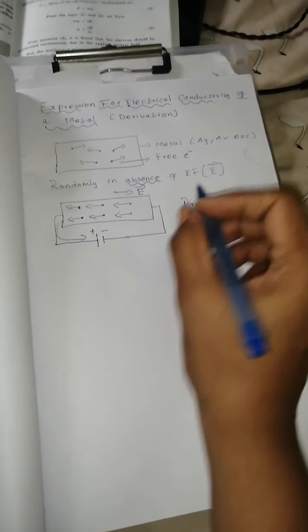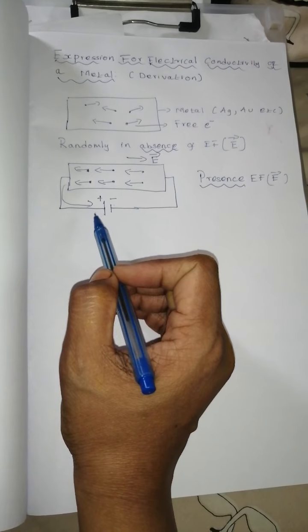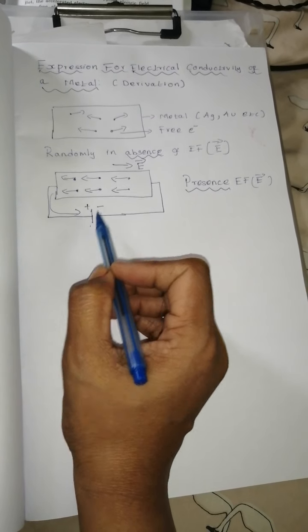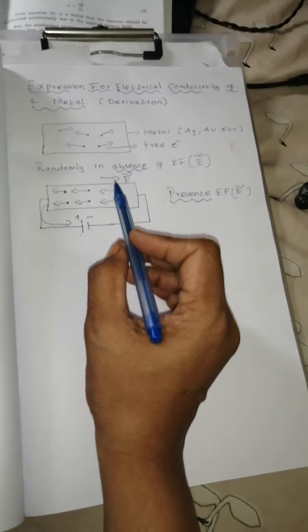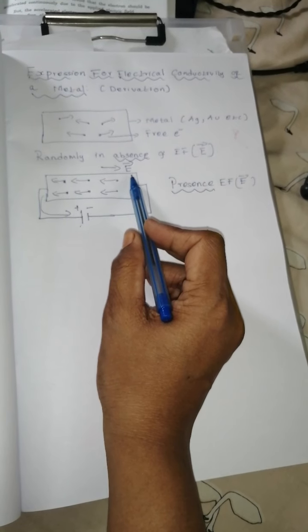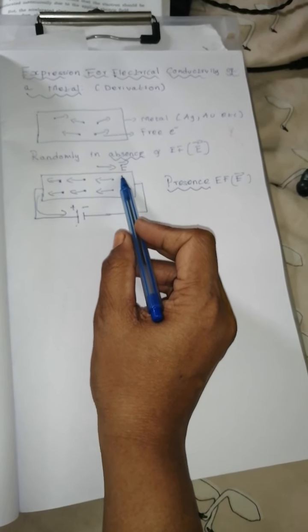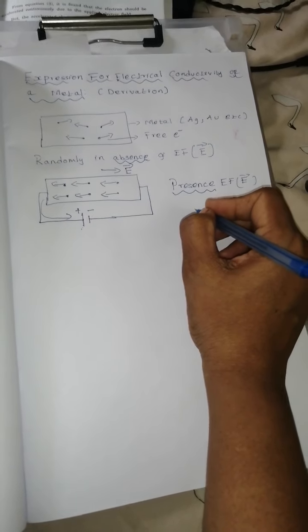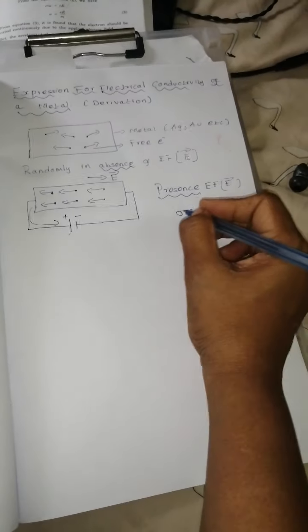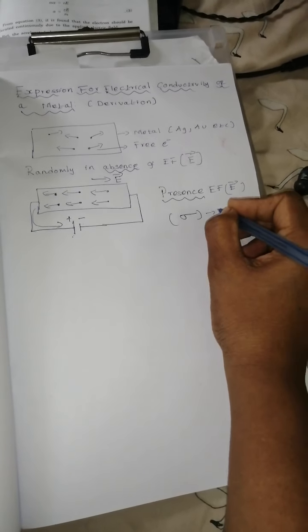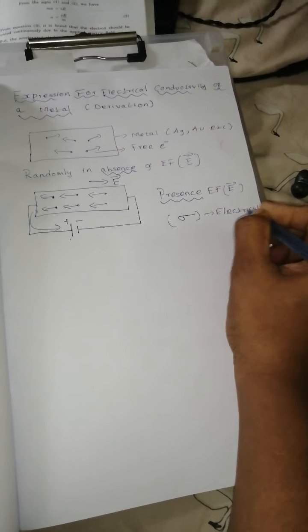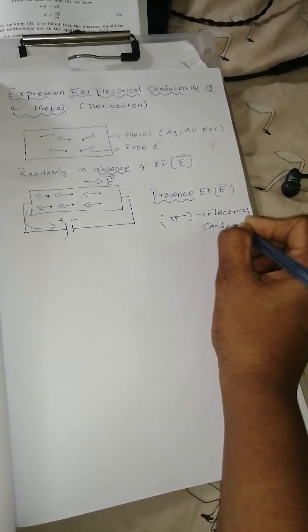This is in the presence of electric field E. In the presence of electric field, the electrons will move towards the positive potential and the electric field will move opposite. So now we are going to derive the expression for the electrical conductivity sigma. Sigma is the electrical conductivity.